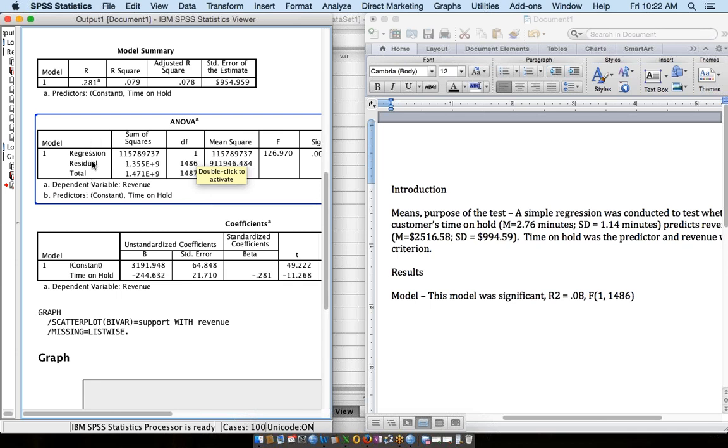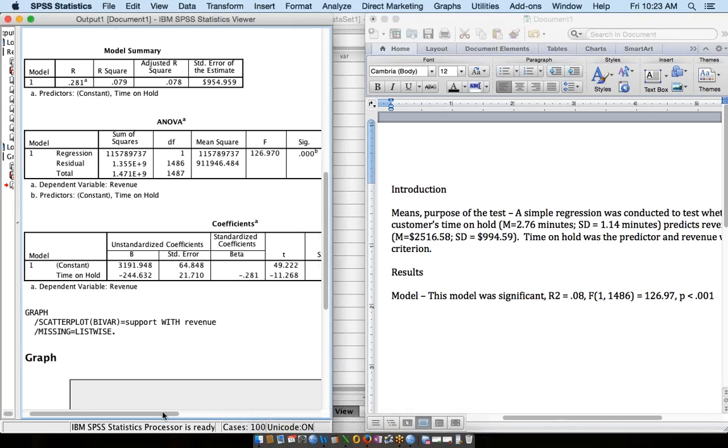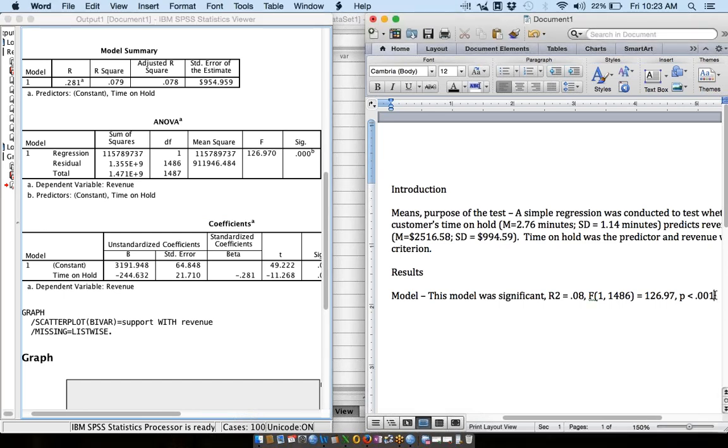And remember, the regression line just means model, and the residual means error. So very similar to how we reported the degrees of freedom in ANOVA. F equals 126.97, p is less than 0.001. We'll make sure that's right.